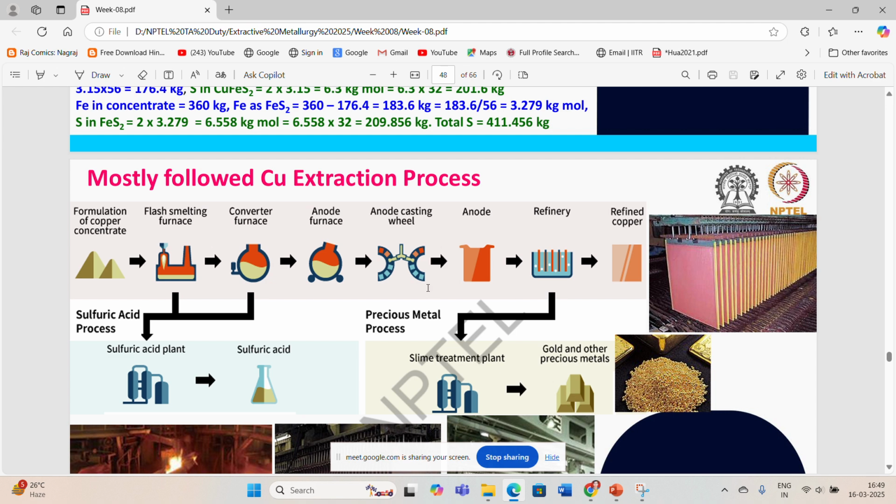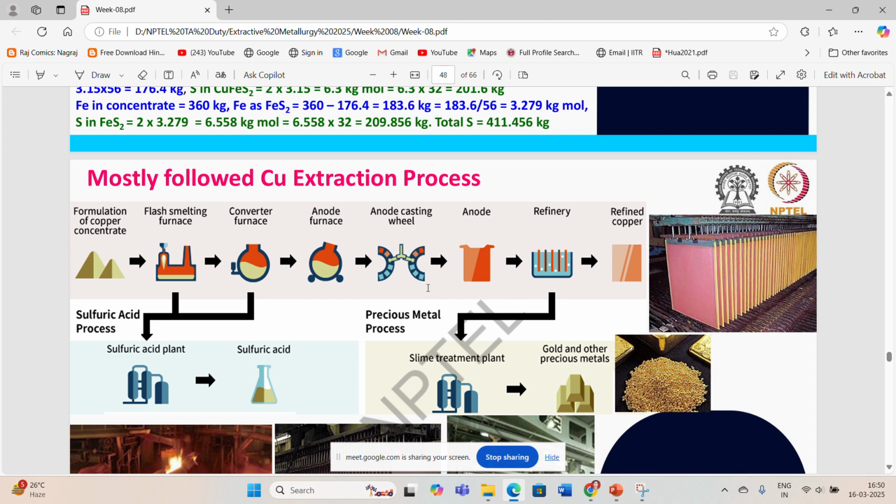So generally, the most followed flow sheet during the copper extraction process is formulation of copper concentrate, followed by flash smelting furnaces, then the converter furnace, then the anode furnace, anode casting wheel, then producing anodes for the electro refining process, and after refining, they go for the refined copper.